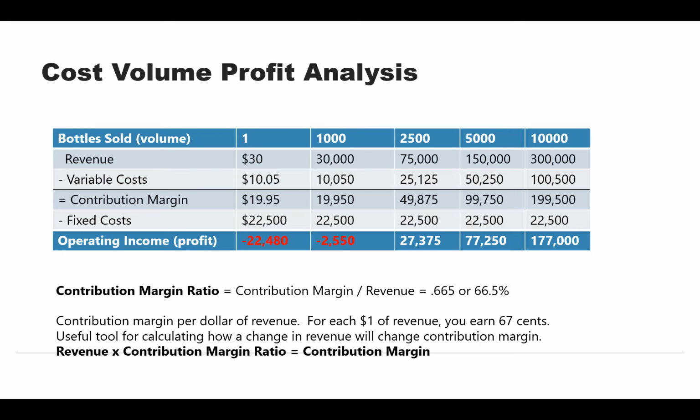And so that's a useful tool for calculating how much a change in revenue will change the contribution margin. But that has nothing to do with the fixed costs, right? That's just looking at how much your variable costs contribute to your contribution margin.